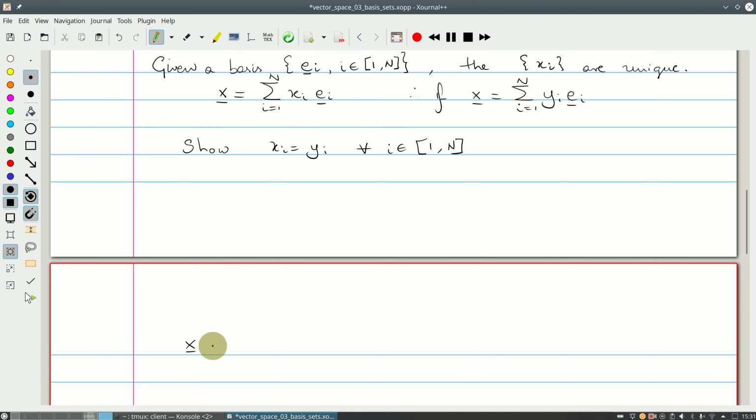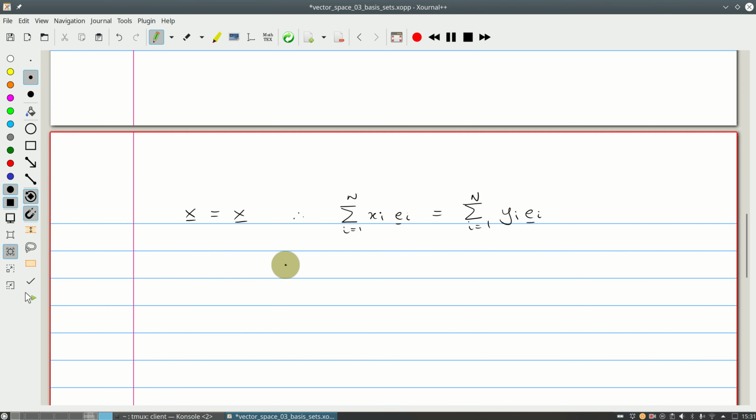Now we know that x is equal to x. Therefore, the sum i goes from 1 to n, xi ei is equal to the sum i goes from 1 to n, yi ei. Therefore, we can bring these two sums to one side and subtract one from the other. The sum of xi minus yi times ei is equal to 0. Is this right? No, it's the 0 vector.